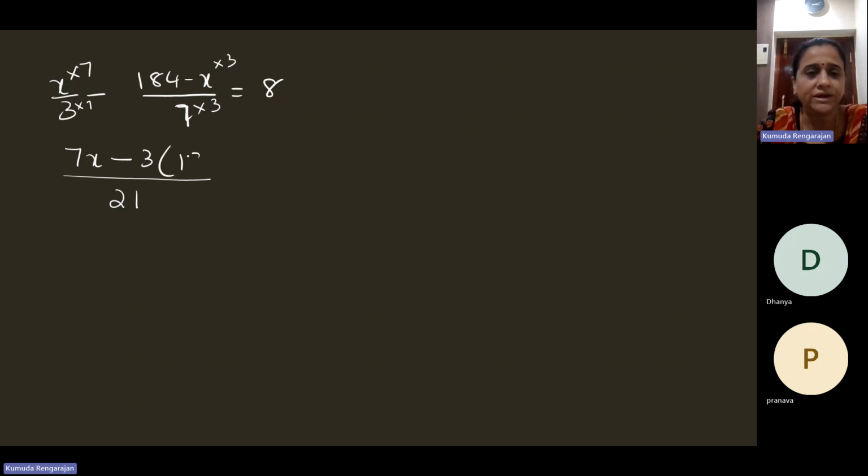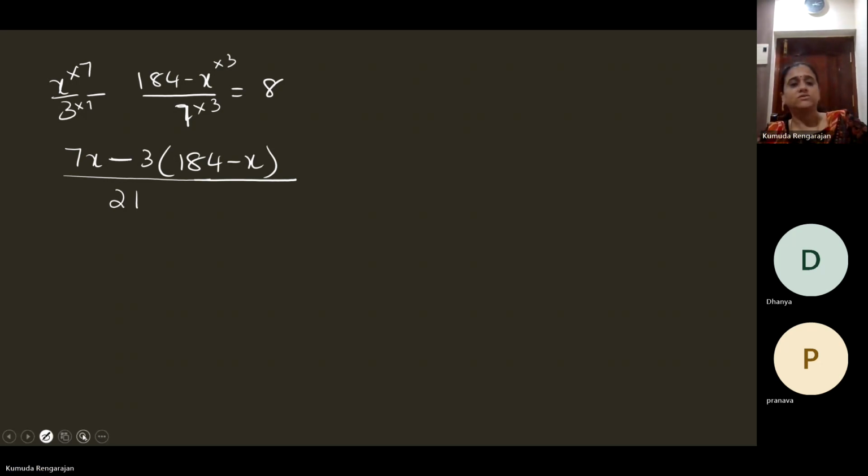If it's x into 7, you can write the product straight away, 7x. But here there are two terms, 184 minus x, and both of them have to be multiplied by 3. So minus 3, open bracket, 184 minus x, close bracket, is equal to 8. Now is it okay?